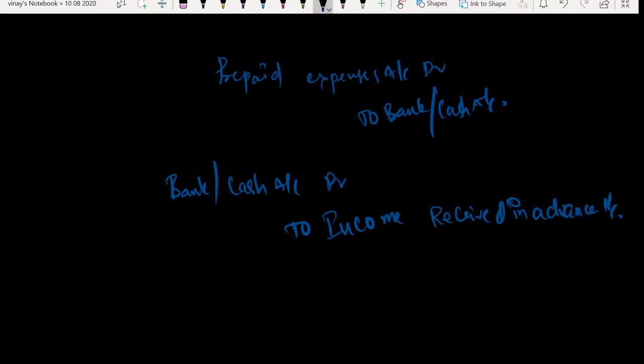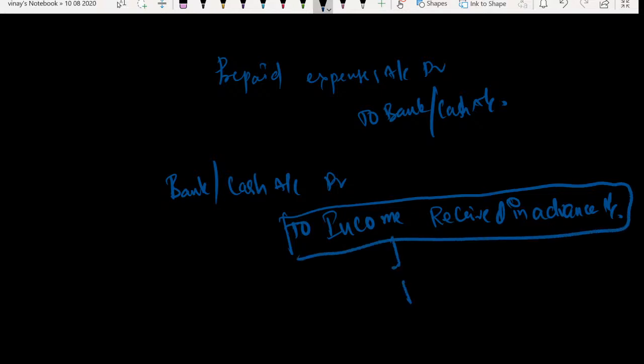So bank or cash account debit to income received in advance account. This is my liability and this is nothing but your representative personal account.